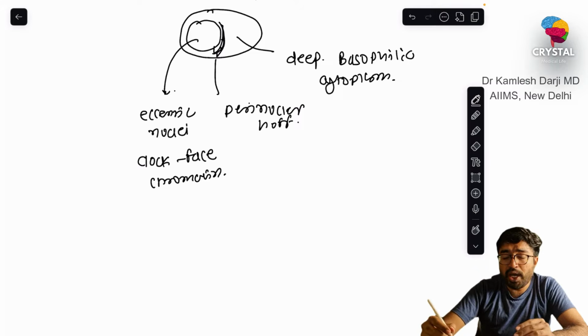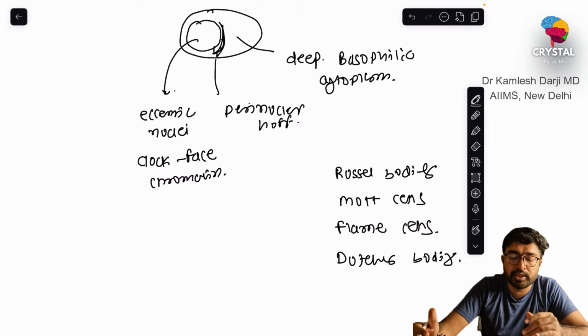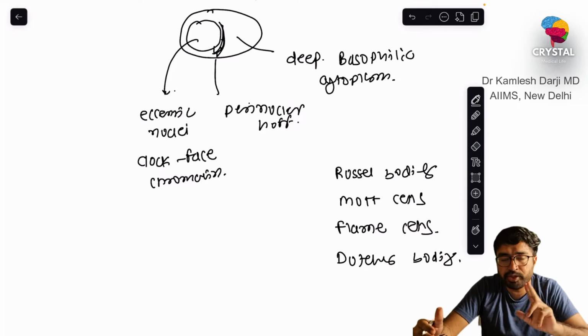Okay, so variants are the flame cells and also two bodies, Russell body and Dutcher body.